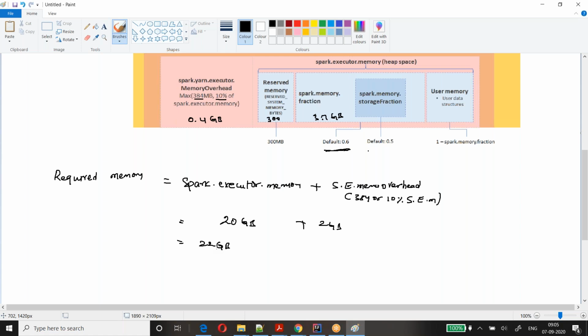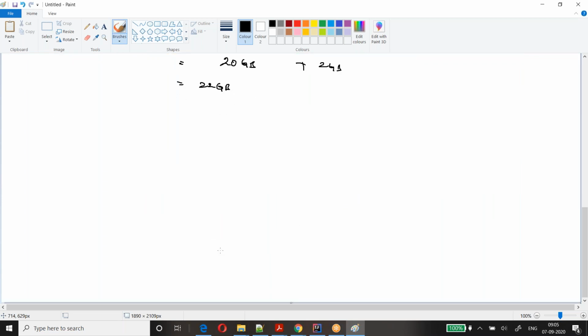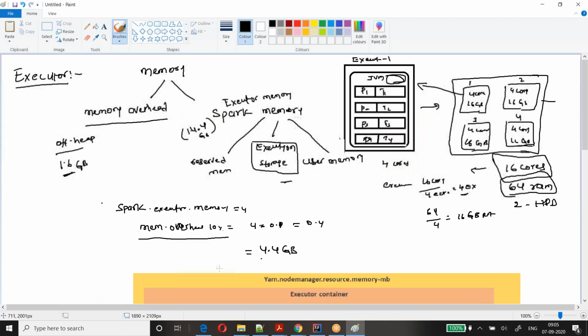How many nodes are available first? We need to understand. Forget about the job, we'll discuss the job later. How many resources are available? How many cores are there? How much RAM is there? Based on that, first we will calculate that I have this much resource. That one we'll discuss in detail in the next session.